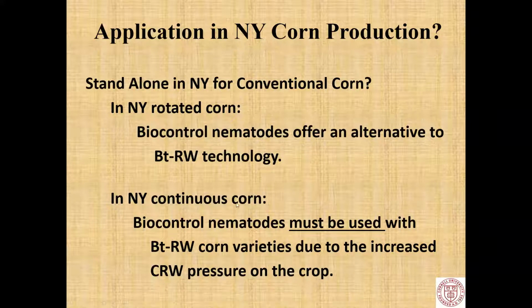In New York continuous corn, we must use biocontrol nematodes with other things like BTs. The failures that we're seeing in our BTs in New York are all in continuous cornfields. So biocontrol nematodes will help us where the BT traits are failing, but in this case, you don't dare use them by themselves.